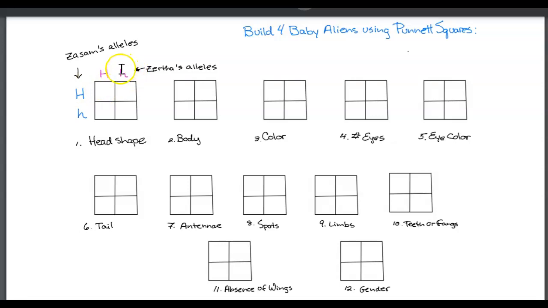Her lowercase or recessive form of this allele is going to go here together with this one across here. So this one travels to this square, and this one comes down to here. And then his recessive form of his allele is going to go here. In this case, her dominant one is coming down here.